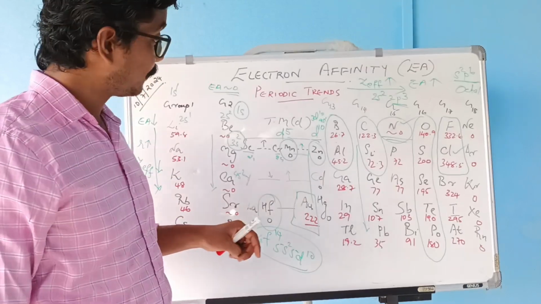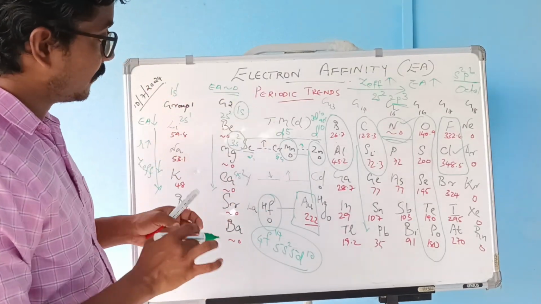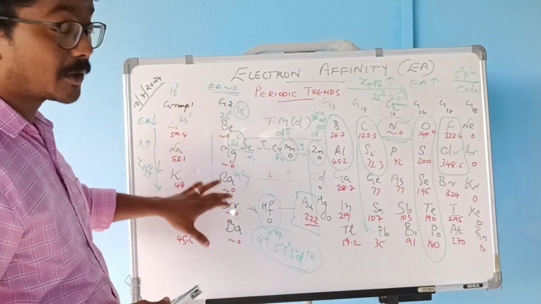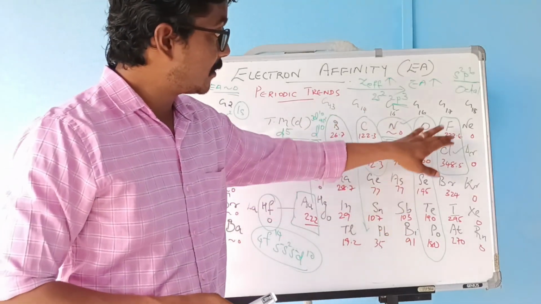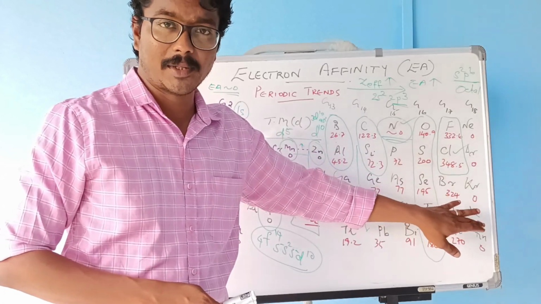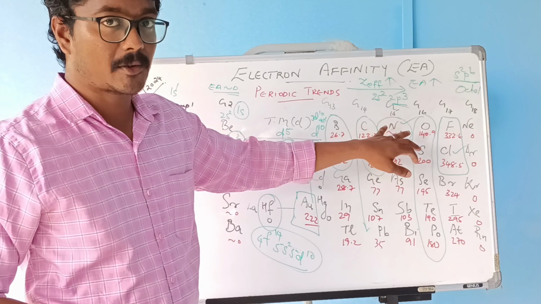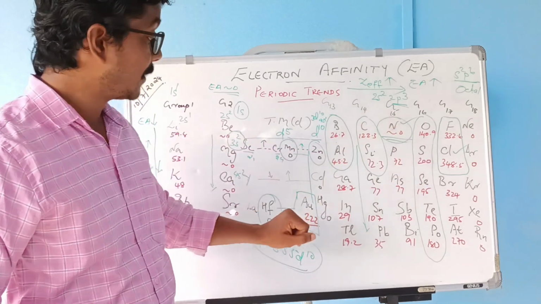We will discuss it. So in general, we can say that group 2 elements show zero electron affinity and noble gases show zero affinity. Nitrogen, which has a half-filled electronic configuration, shows zero affinity.